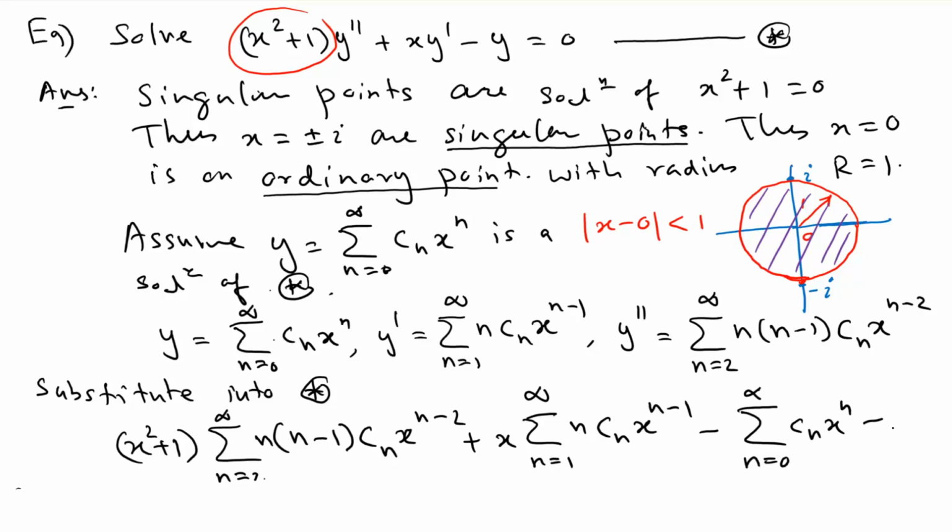We know that this has to equal 0 because that's what's given. The next step is to distribute, bringing those x terms inside. For the first coefficient we can write x squared and 1 separately.